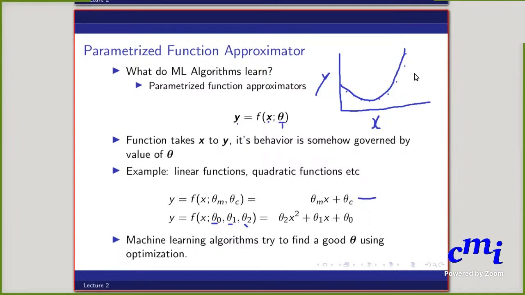I can have a very complicated set of data points for which there is no way I can find a linear function that fits it very well, right? But maybe if you allow for a quadratic, it would fit it very well. For example, if you look at polynomial functions, it's in general always possible to find such a function that fits your points exactly, right? So it depends on the class of functions.